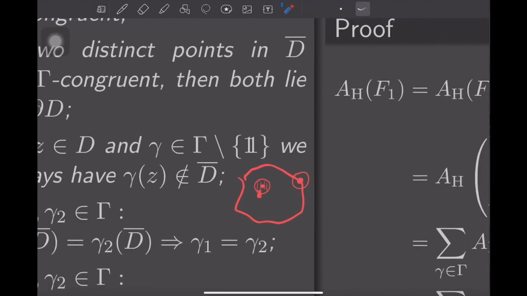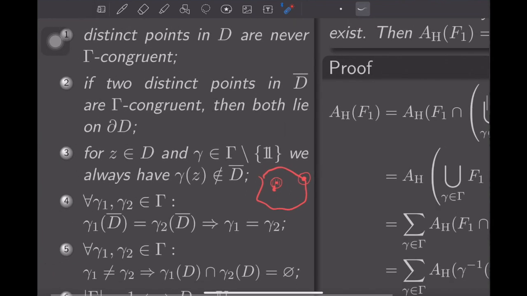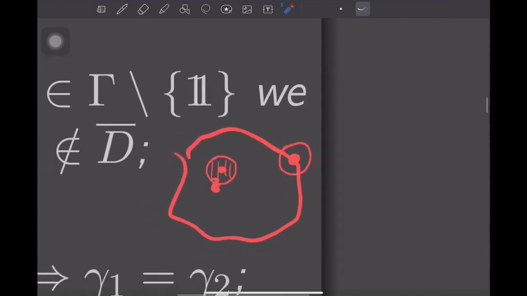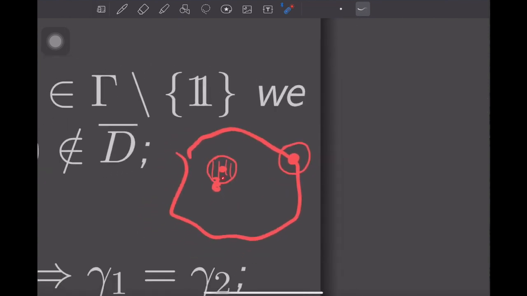And of course, there I'm using that Z is not elliptic, right? So one would have to argue why it's not elliptic. Well, if it were elliptic, you see there would be some point here which would be gamma congruent with some other point in the same disk, in contradiction with the disk being contained completely in D, right?